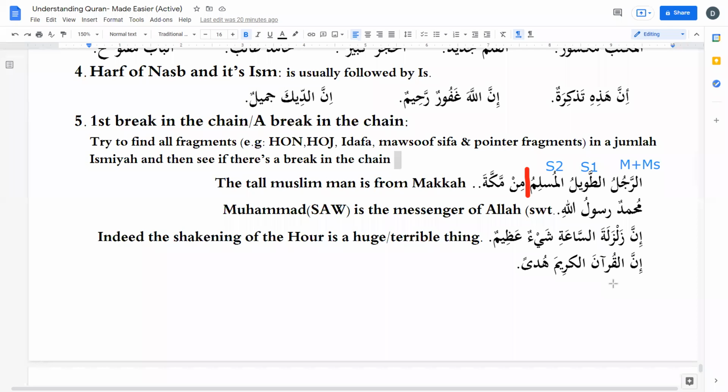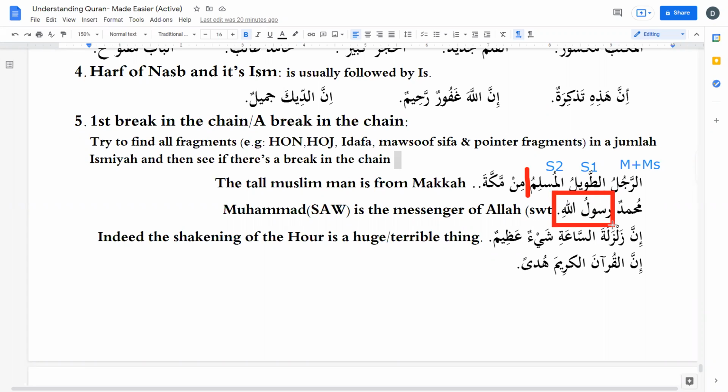Yes, mudaf. Which one is mudaf? You're right. The mudaf, mudaf ilayh fragment is there. Yes, Rasulu is mudaf. Why? Because no al and no tanween, no alif lam, and it is followed by jar. Allahi, ism jalala, is in jar status. So this is mudaf, mudaf ilayh.